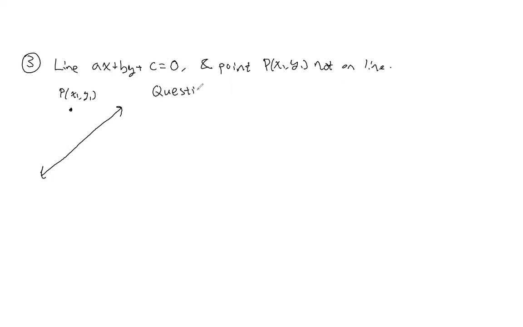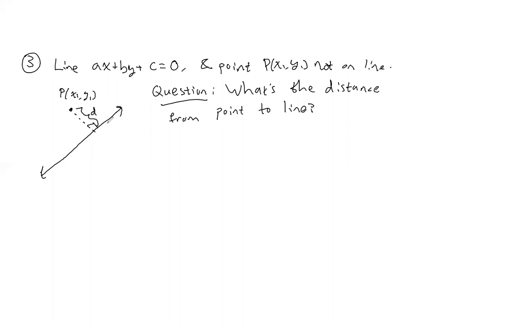But the same question. The same question in this case is, what is the distance? By which specifically I mean, what's the distance from the point to the line? I want to know about that distance in particular, and I'm going to call it d for distance.